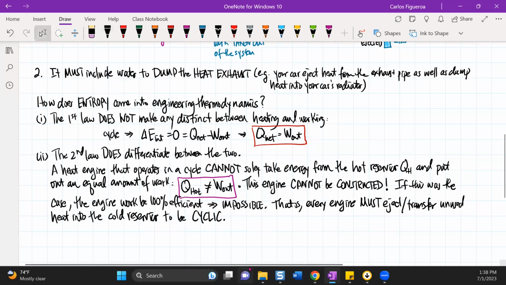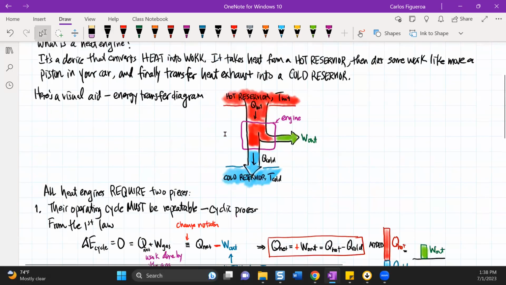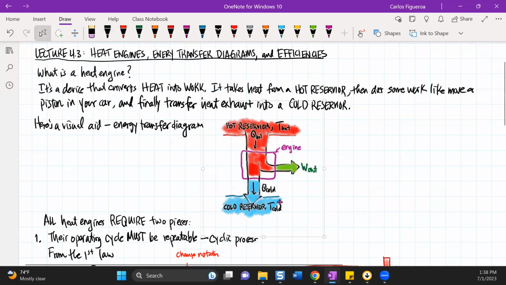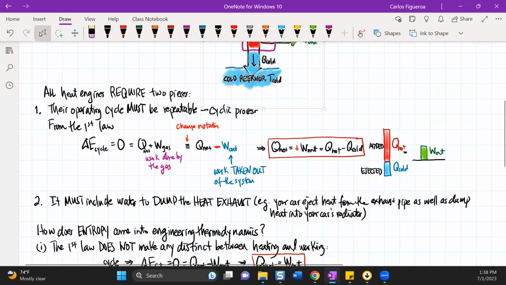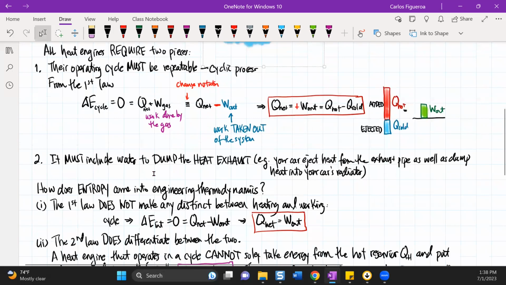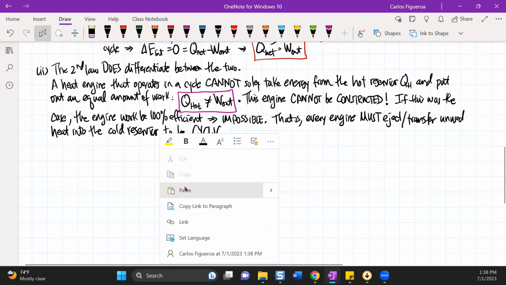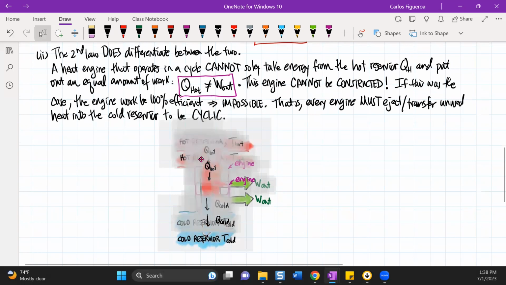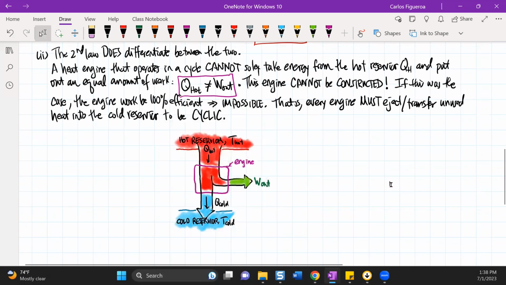So picture-wise, what am I saying here? Since I drew the diagram already, I'm going to steal this diagram right here. Right away, the second law shows us this. I'm going to modify this picture to explain what it is that I'm talking about. So I can't eject anything into the cold reservoir.